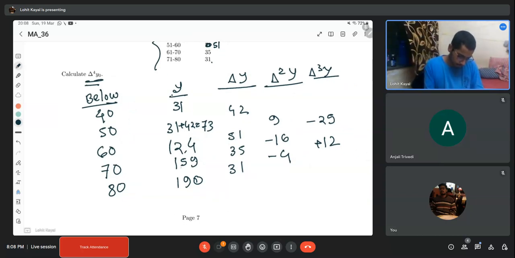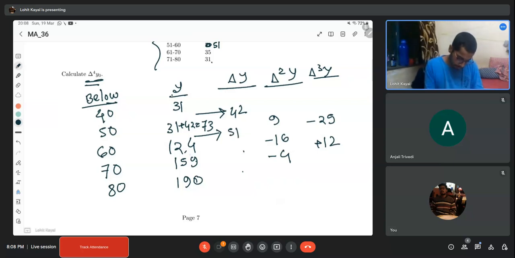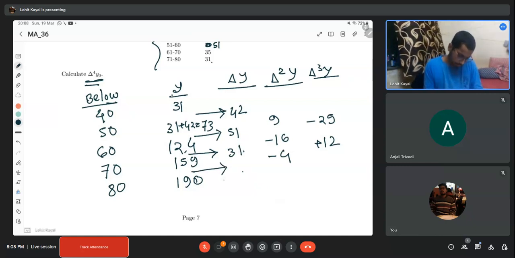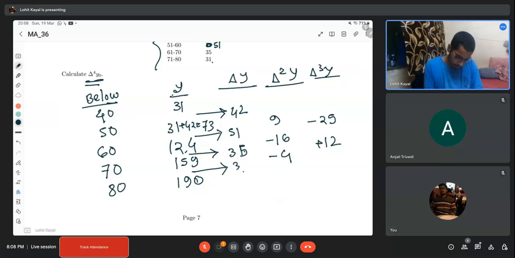So 159 minus 124, this value is 42, this value is 51, this value is 35, this value is 31.